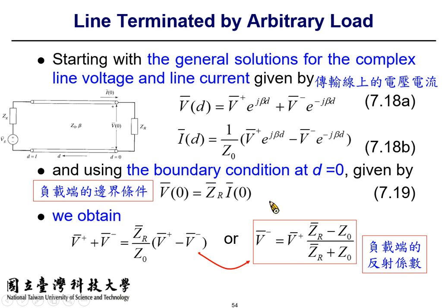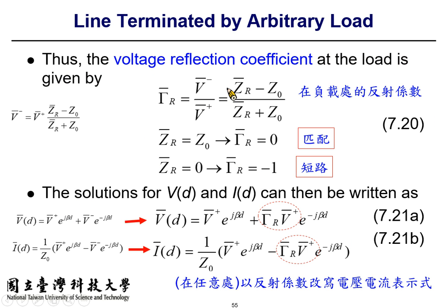So again, you can define the reflection coefficient at the right end of the transmission line, and it looks like this, the relationship that you already memorized. By definition, it's the ratio of reverse going voltage over forward going voltage.